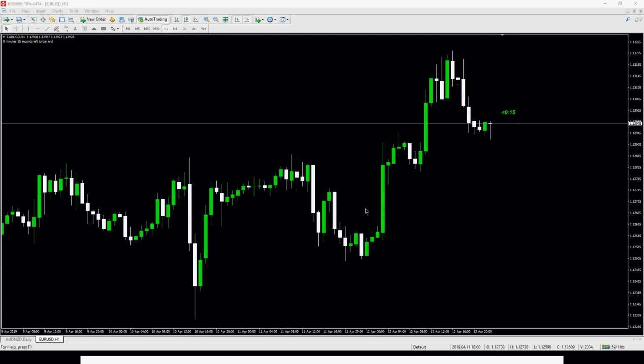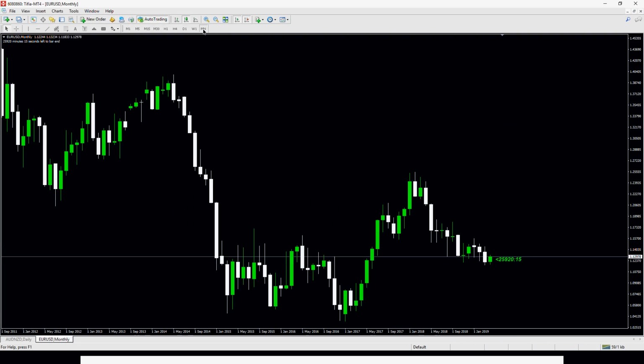When I talk about the time frame, this is probably the most important thing for a trader to understand. There are a few time frames available here on the top. When I press this tab, it shows MN, which is monthly. So the monthly time frame tells us that each of these candles is formed over a period of 1 month.